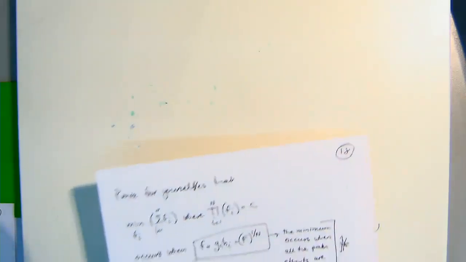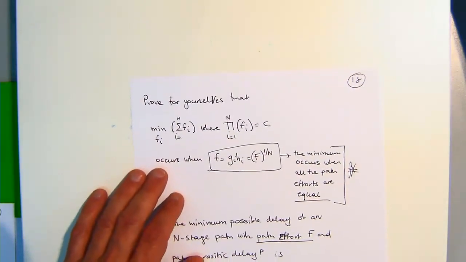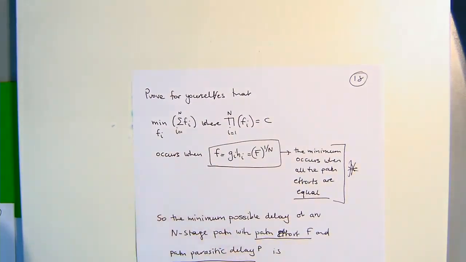All right. Now, some more interesting stuff. Suppose you wanted to work out the minimum. So you had a complex circuit, right? And you had a sequence of gates, right? And then the question you asked yourself was, hey, I want to make this the fastest I can, right? How would you do it? Well, you can start playing with each of the components and trying to do an optimization.